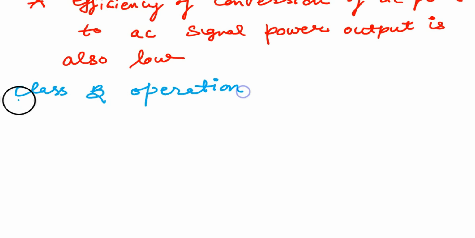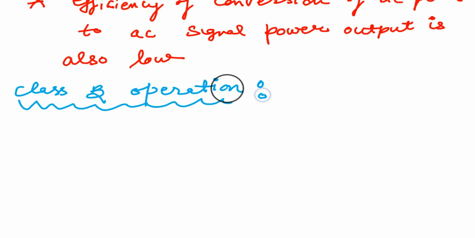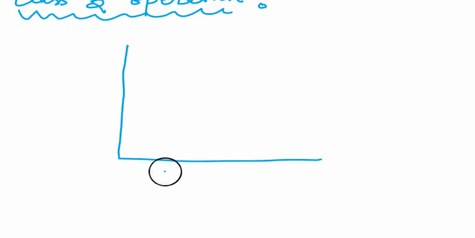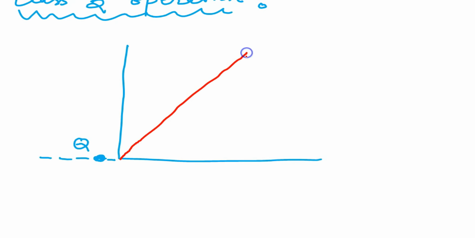Now we are coming to the class B operation. So the Q point is not at the origin, it is just close to the origin.